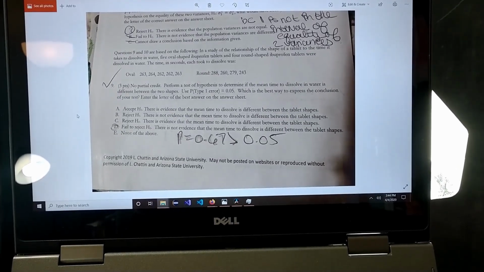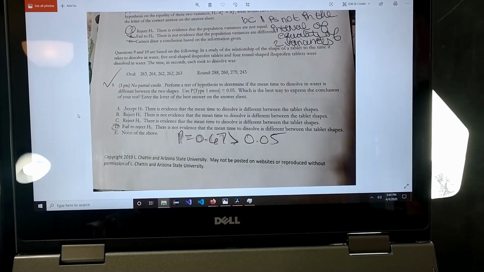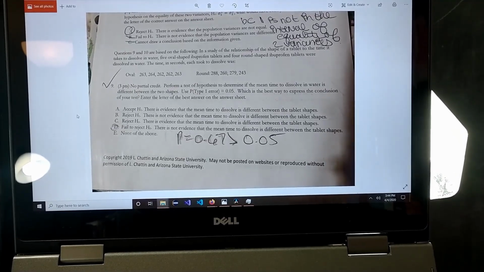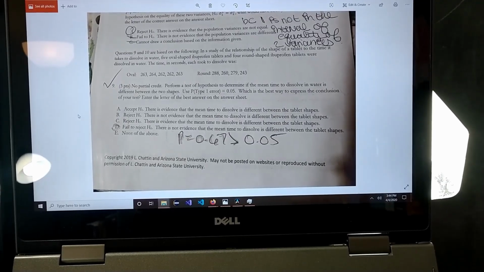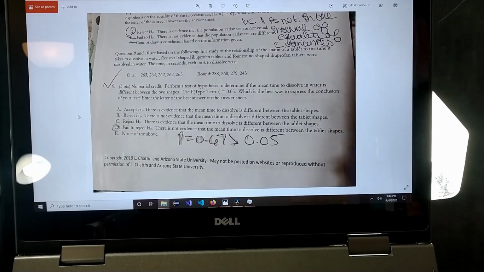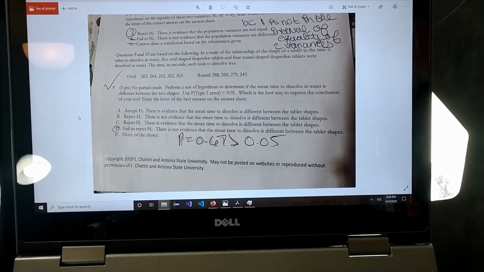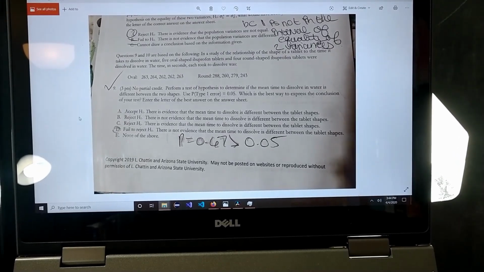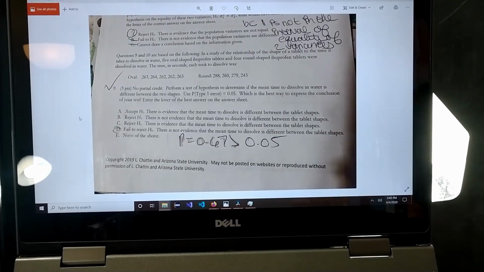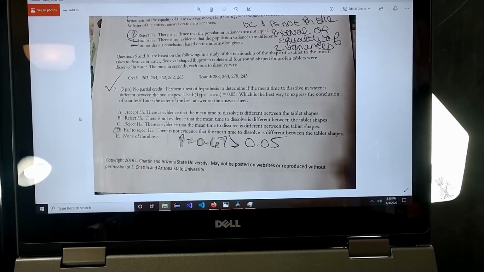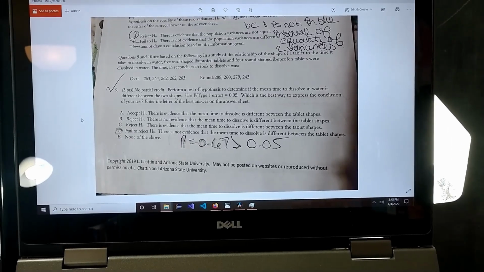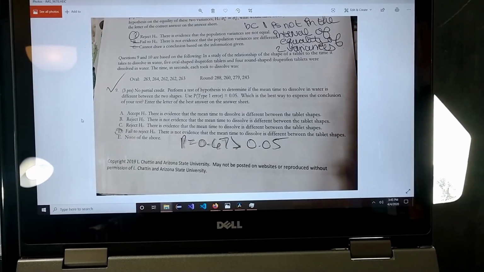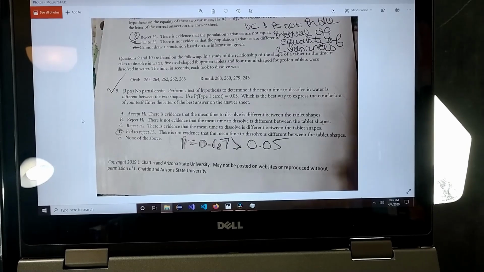So, with that in mind, I can throw out accept the alternative hypothesis or reject the alternative hypothesis. C is a valid choice, reject the null hypothesis, which would correspond to the situation where the hypothesis test results in evidence that the mean time to dissolve is different between the tablet shapes.